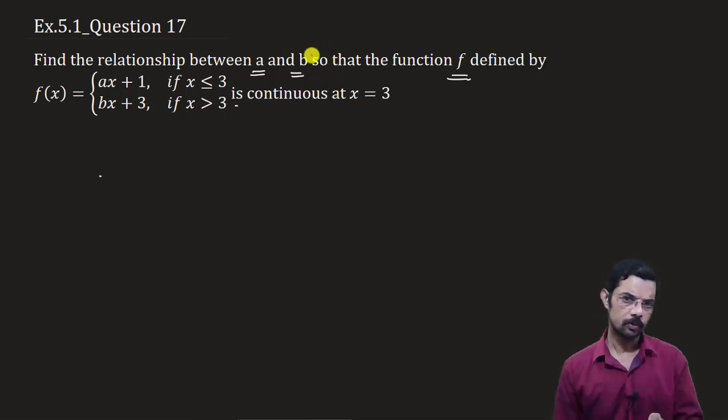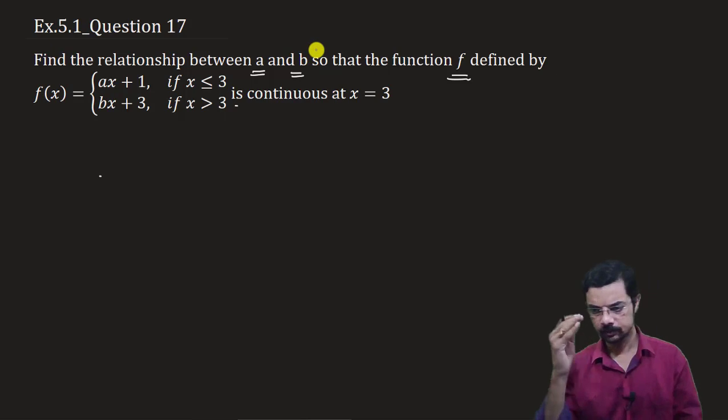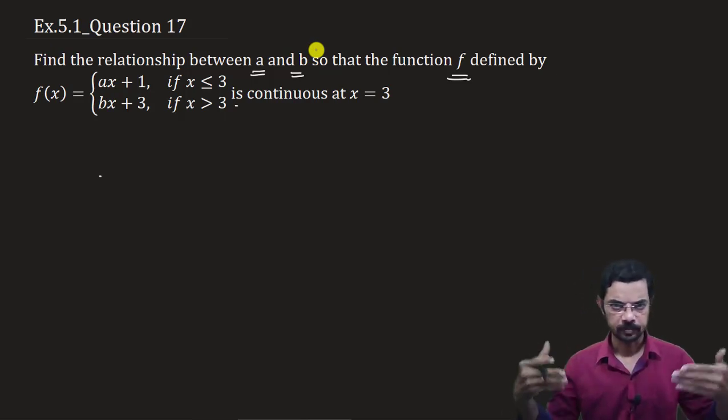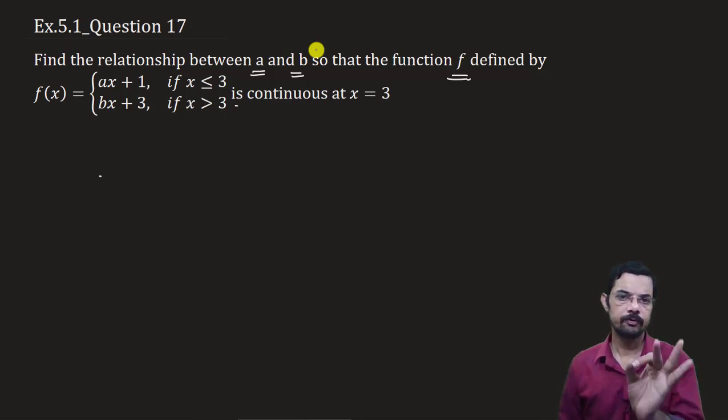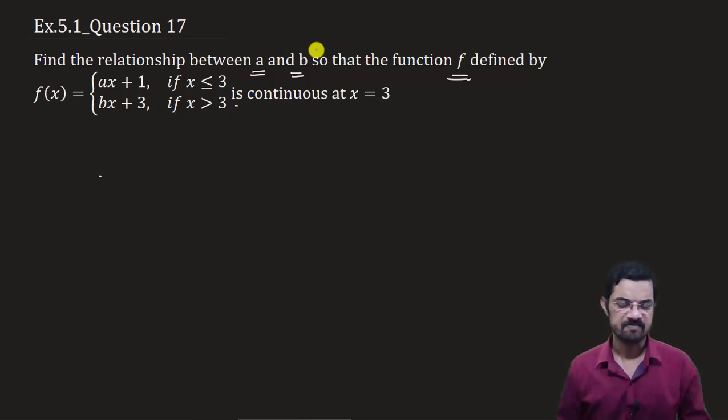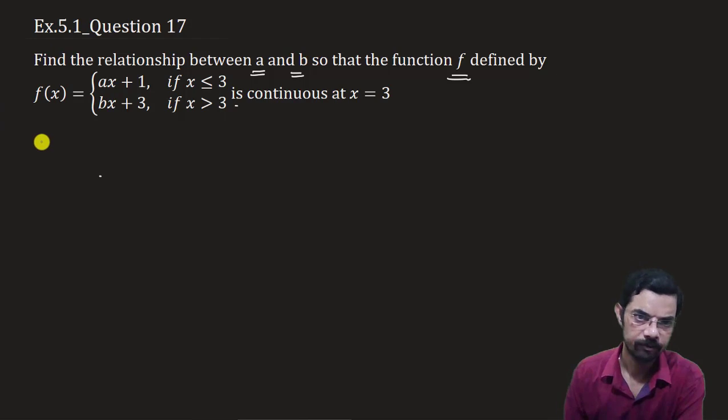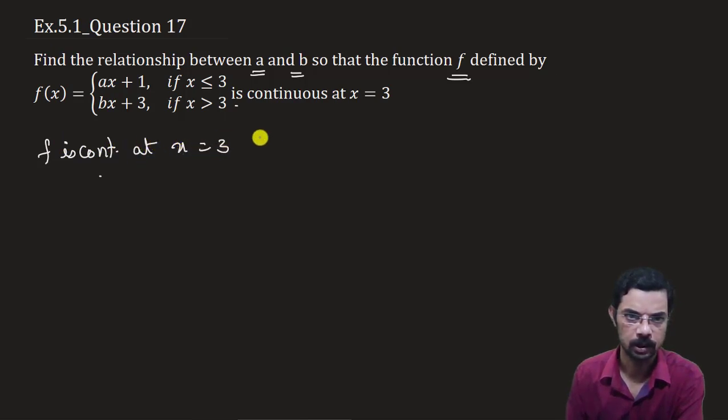So what does it mean by the function being continuous? It means that the left hand limit and the right hand limit are equal to the value of f of 3. So let us check this. f is continuous at x equal to 3, this is given to you.